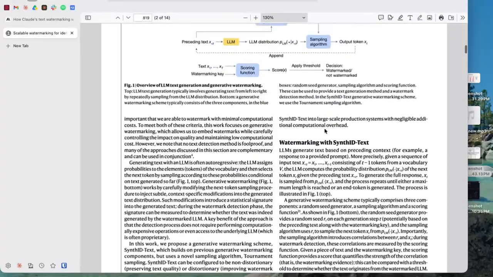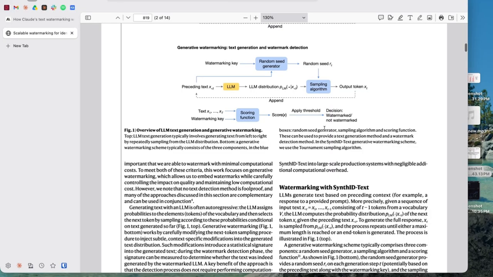So each of these tokens is going to give a little bit of weak signal, but then you sum up that signal over all of the tokens in the text, and that gives you an overall score for the text. And then you can just threshold on that score. If that score is above some cutoff, it's in all likelihood generated by the AI.